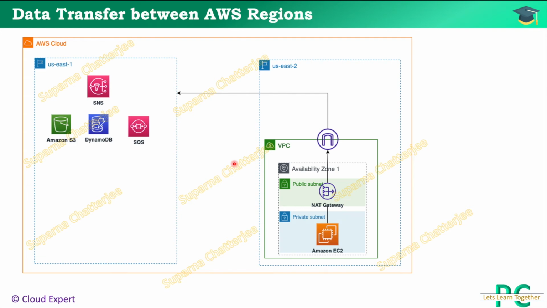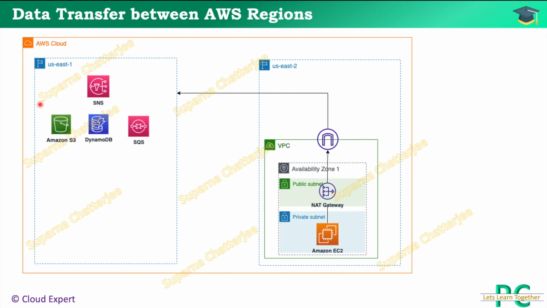Next, let's try to understand the data transfer between AWS regions. Let's assume you have a web application. You are hosting that web application using an EC2 instance, and that web application is in the US-East-2 region. But you are trying to access AWS service public APIs from a different region.